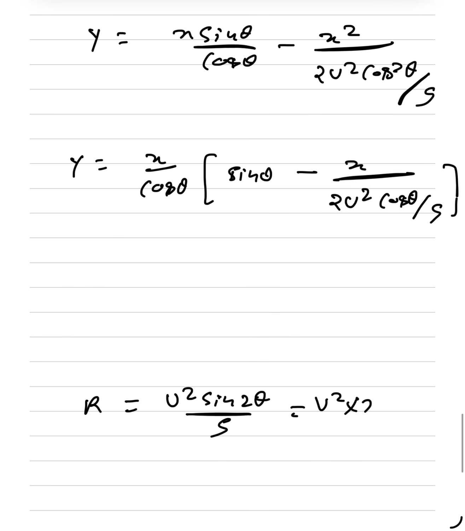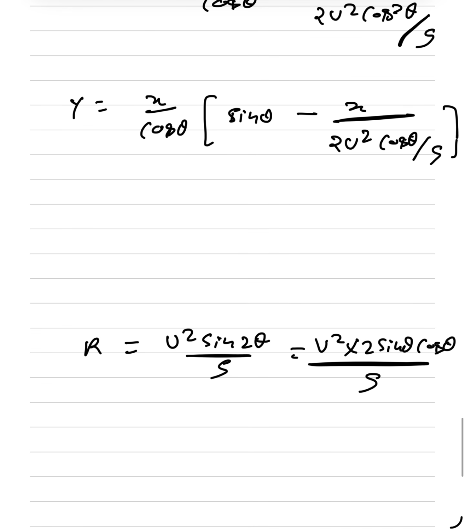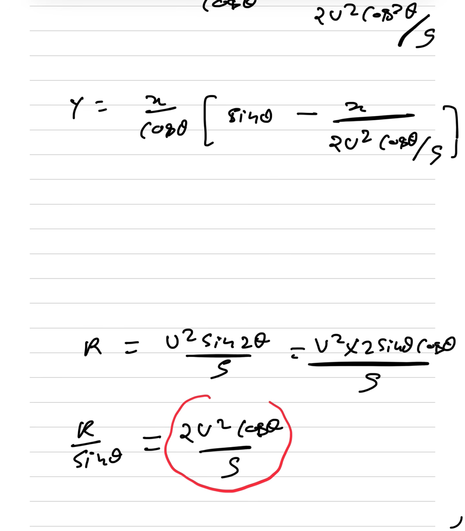The equation of projectile range is R equals u square sin 2 theta divided by g, and u square 2 sin theta cos theta using the identity of sin 2 theta divided by g, so R divided by sin theta equals 2 u square cos theta divided by g.